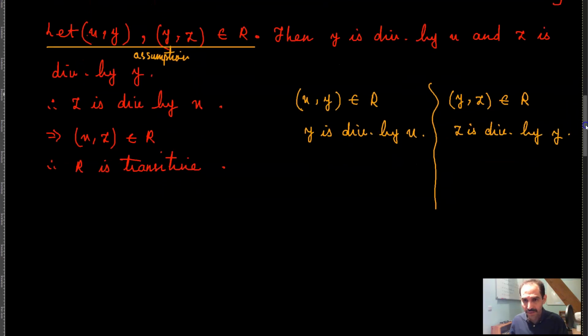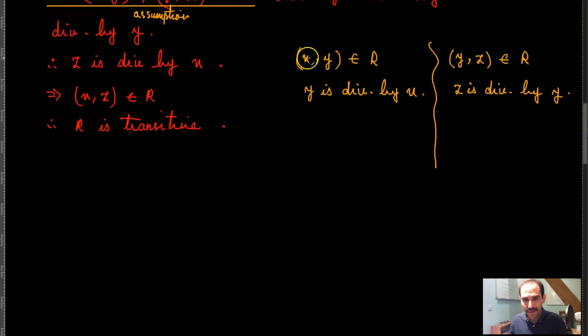So how? Let's take a couple of numbers to make this a little bit simpler. For example, instead of x comma y, I take 2 comma 4, and then I write over here 4 comma, for example, 8, right? So when I say that y is divisible by x, what that means is that x is a factor of y.